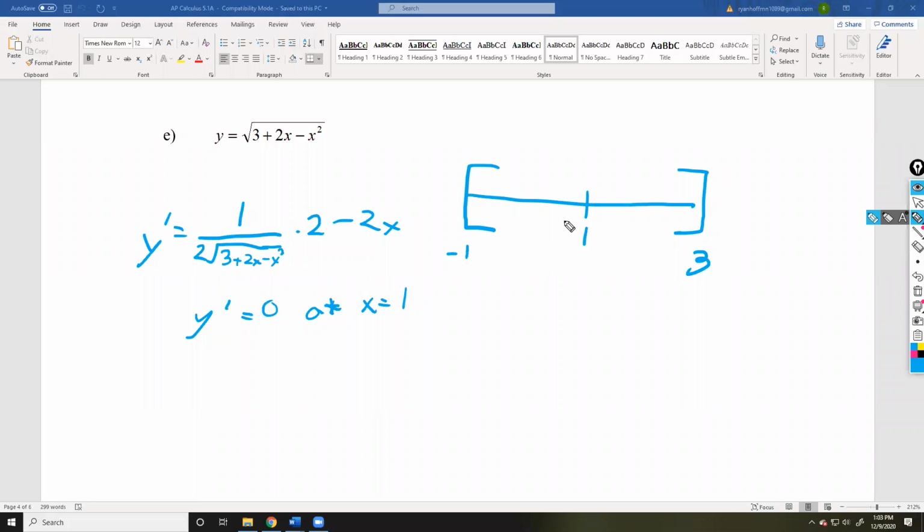I want to pick a point between 1 and -1 to test. It doesn't really matter what point we choose. We could just as easily pick a really messy decimal as long as it's between 1 and -1. But to make it easier on ourselves, I'm going to pick 0. If I plug in 0 here, I get a 2 on the top and a 2 times the square root of 3 on the bottom. But all I care about is that it's positive.